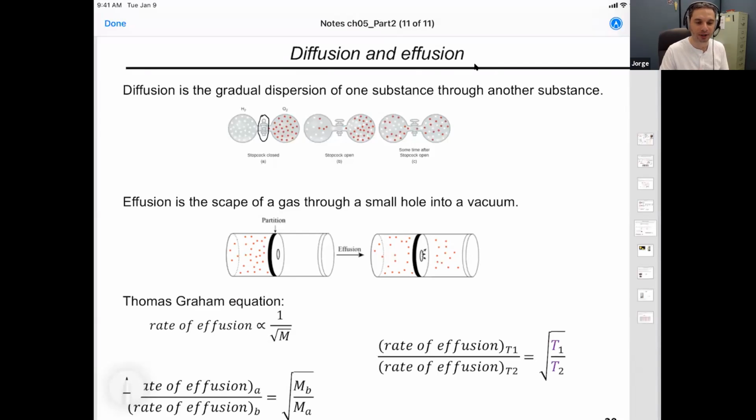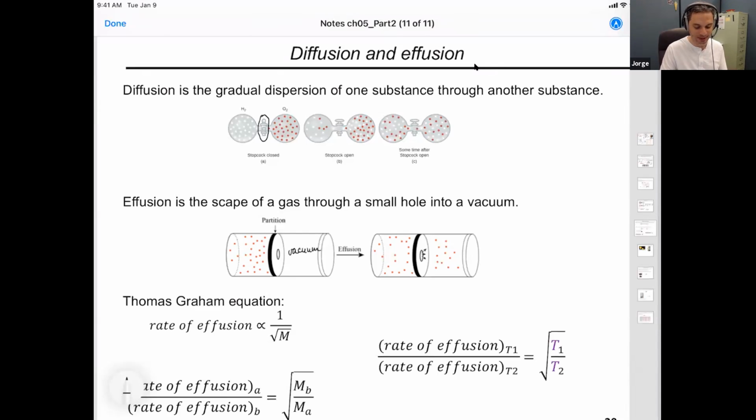On the other hand, effusion is the escape of a gas through a small hole into a vacuum. Okay, here is the example. On the left side of the container, we have gas, and on the right side is vacuum.